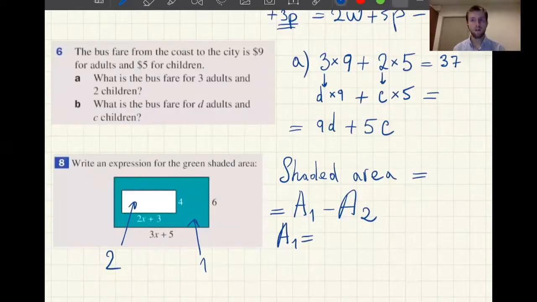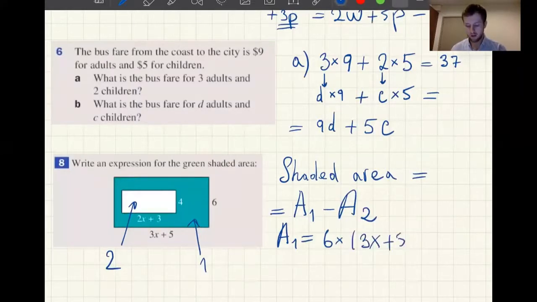It's A times B, one side times the other side, the height times the width. In this case, for area 1, the height is 6 and the width is 3x plus 5, as you can see here. So area 1 is equal to 6 times (3x plus 5).